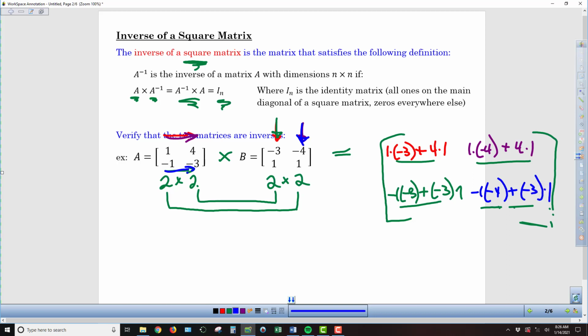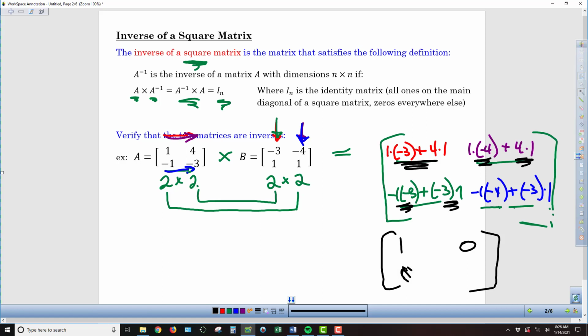And so if we perform those operations to end up with our resulting 2 by 2 matrix, here we've got -3 plus 4 gives us 1. We've got -4 plus 4, which gives us 0. Moving to the bottom row, we've got -1 times -3 is 3 plus -3 is 0.